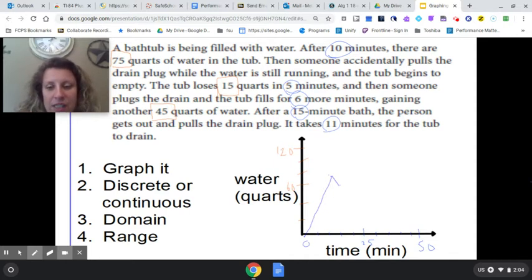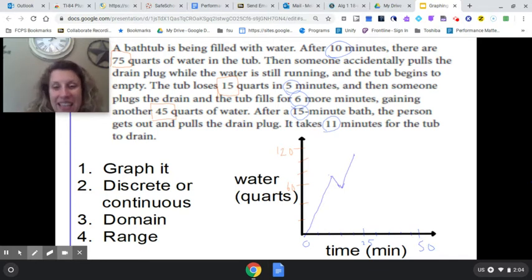So 6 more minutes. Let's see. We were at 15 minutes. So that's going to be 21 minutes. We're at 105. So just over 20, we're at 105. Sorry, guys, those are supposed to be all connected. It's really hard to do that on a touch screen.